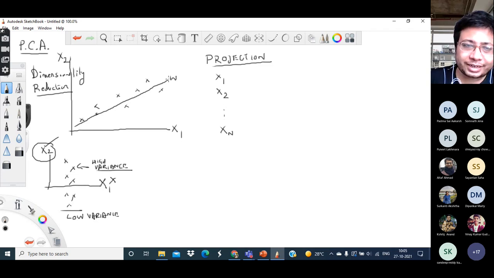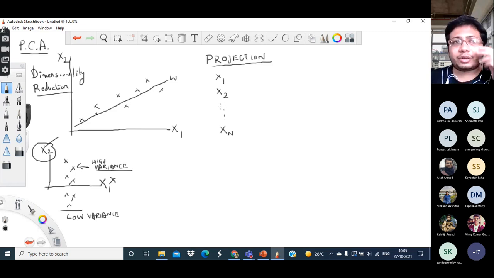Exactly which direction that is, we don't know, but let us say there exists some direction called w, and the variance of the data is maximum along that dimension compared to x1 or x2.